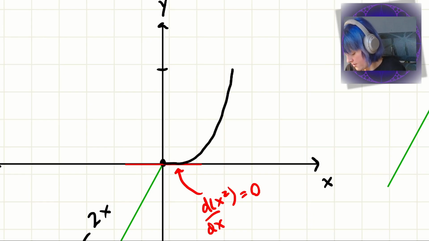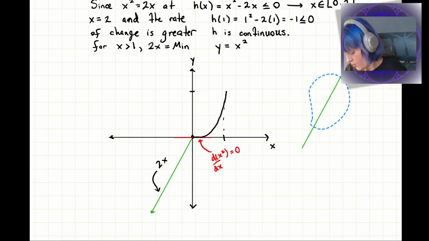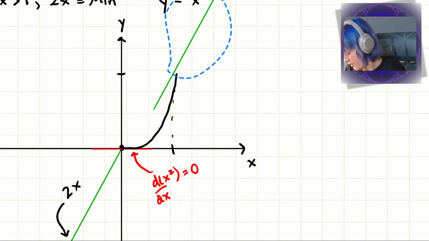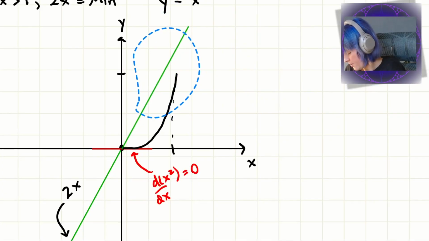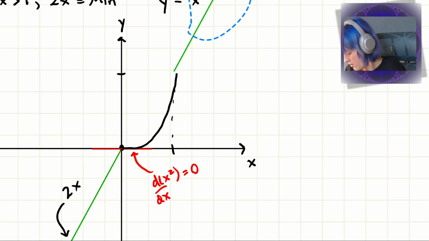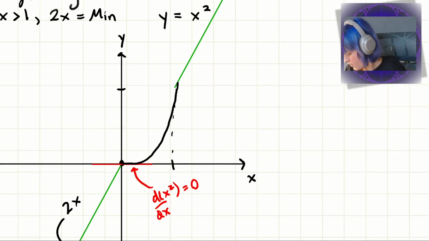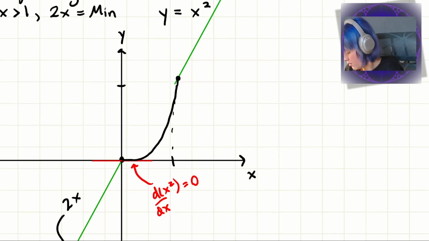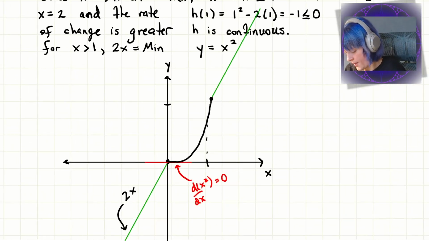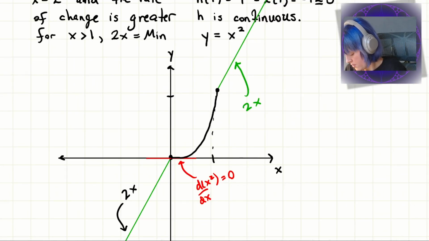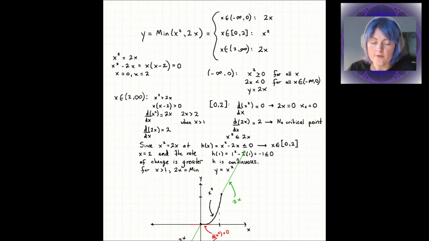Then we know that our intersection with the 2x line is going to occur right here. Good enough. So just go ahead and label all of these, and that should give you full credit, I think, for this part.